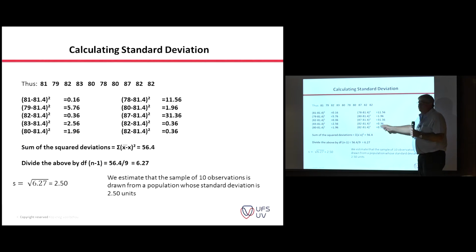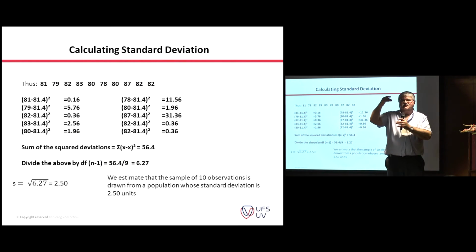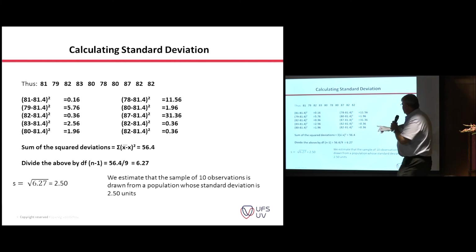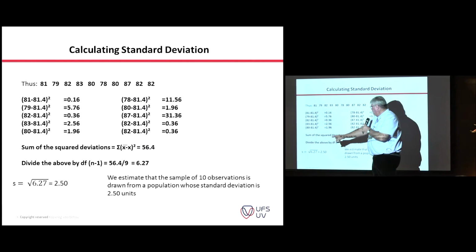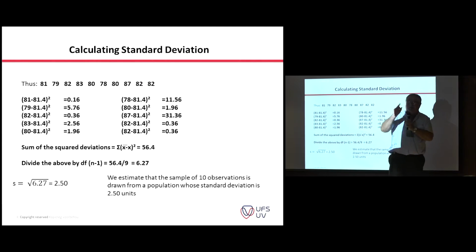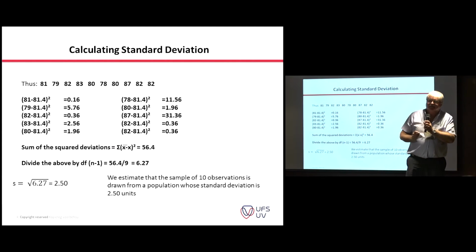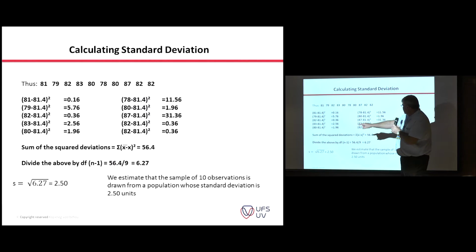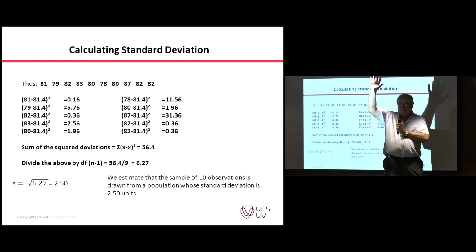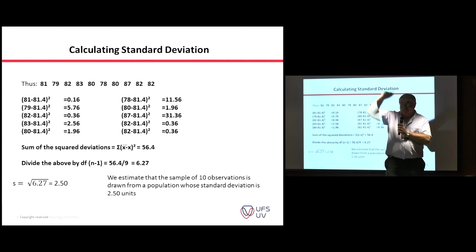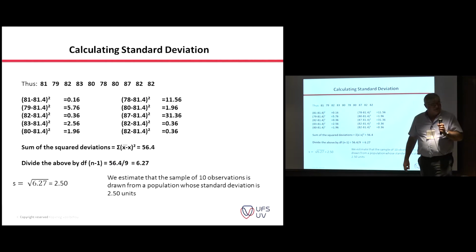I then add them all up together. So now I've squared them, and I add them all up together, okay, and I divide it by the degrees of freedom I have. In other words, it's the total number minus 1. That then is basically the averaged square deviation. It's a mean square deviation.